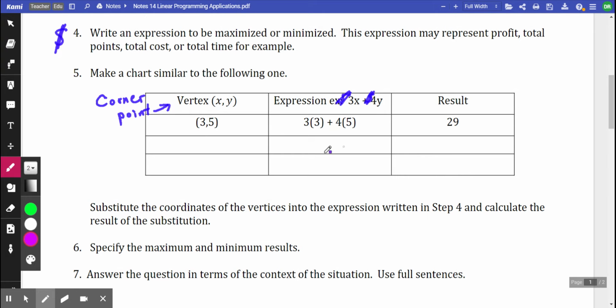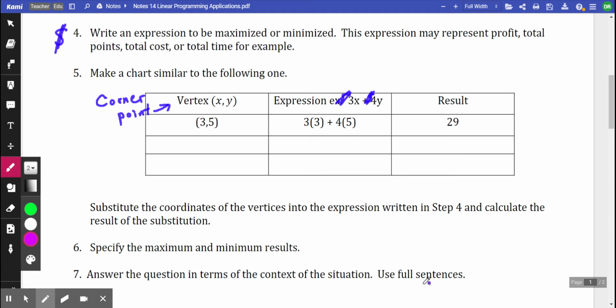And since it's kind of like creating a report at this point, we will specify what values gave us the highest and lowest results. And then in any application, when we provide solutions, we don't just write down numbers. We respond back in words that appropriately address the question within the scenario. And so that'd be the last thing we'll do, and use full sentences.